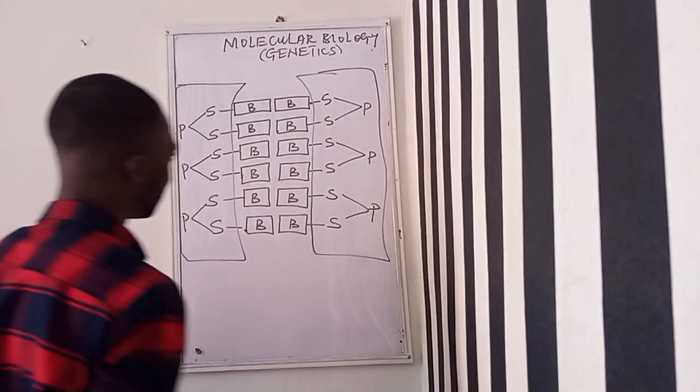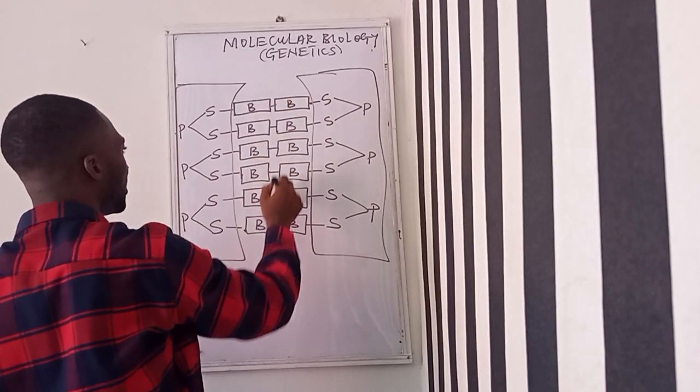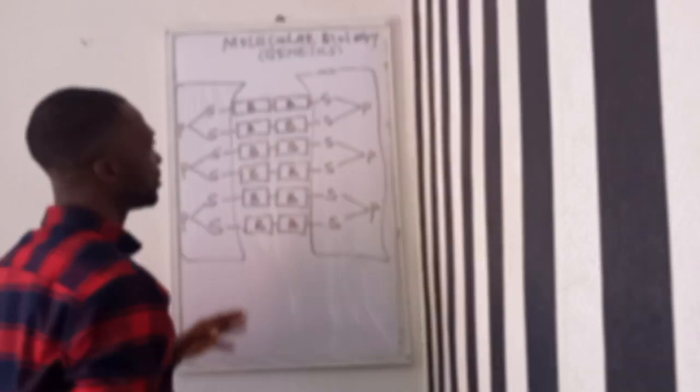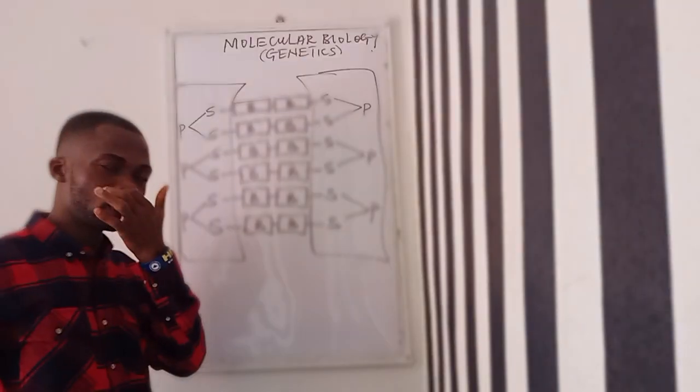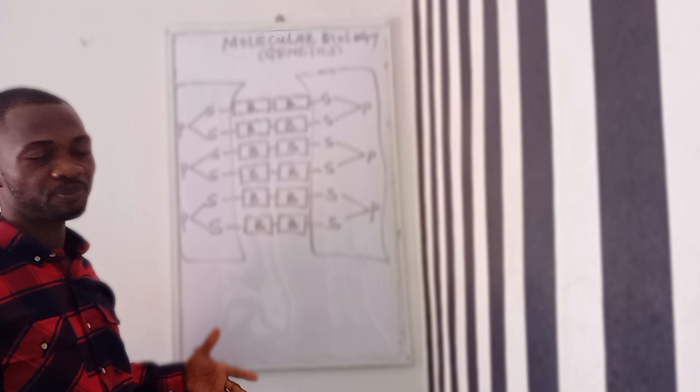So look at this now. If you look at this, you discover that in DNA, you can also see those three components. At the center, you see the bases.